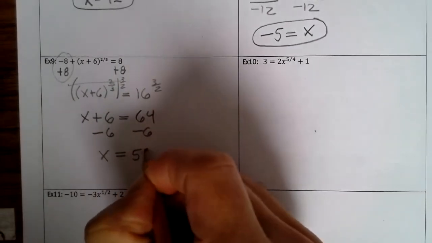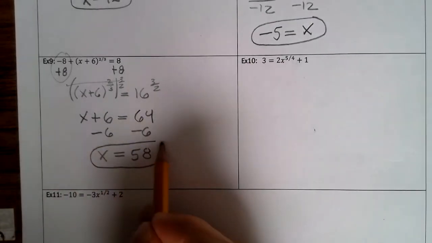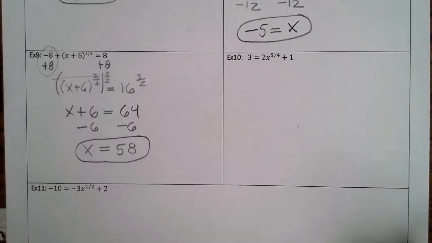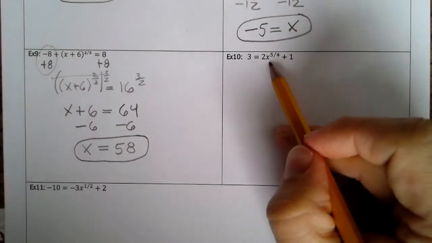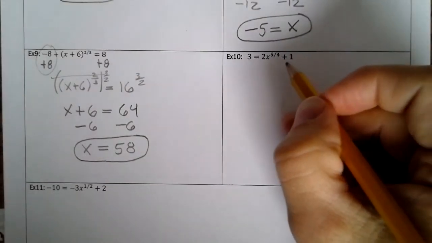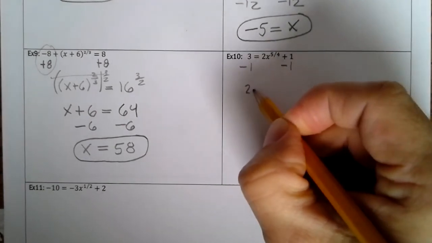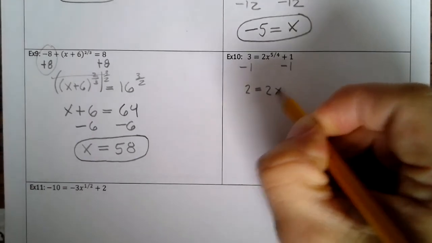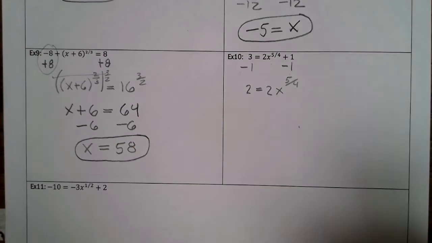All right, let's take a look at example 10. First thing, isolate the radical, or the rational exponent. So we're going to subtract 1 from both sides first. So you get 2 equals 2x to the 5/4. We're going to divide both sides by 2. So you get 1 equals x to the 5/4.